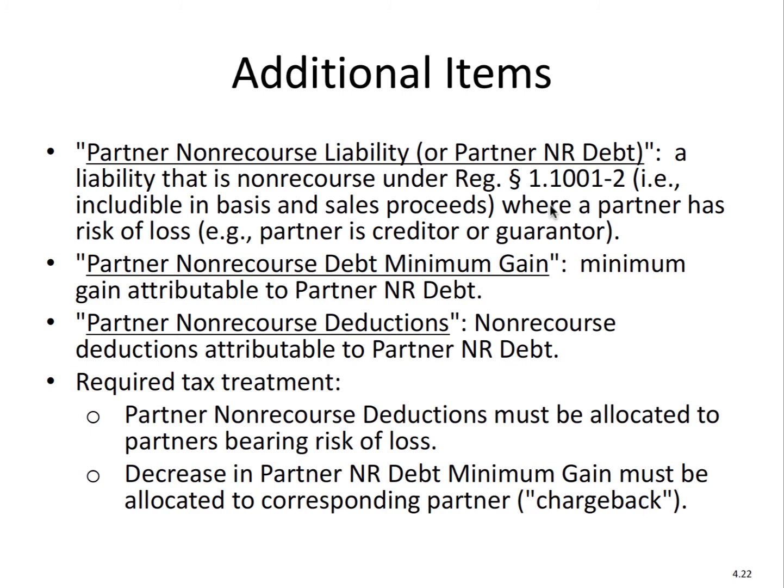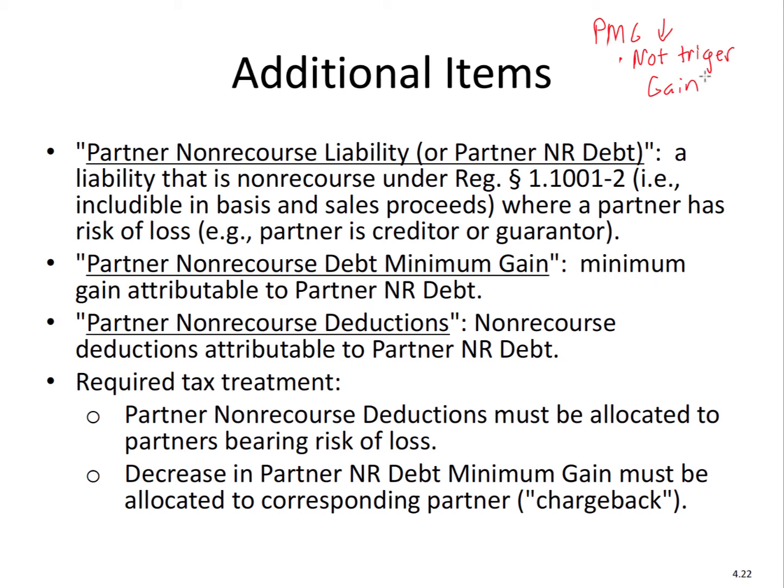Okay. So before I read through the specific items on this slide, I want to talk about how I mentioned that partnership minimum gain, a decrease, is not triggered for certain events. So what I mean is there's certain times when the partnership minimum gain is decreased but does not trigger gain. Okay?